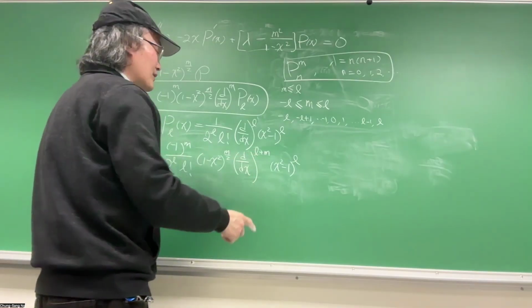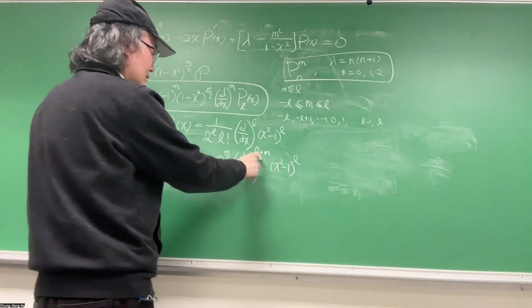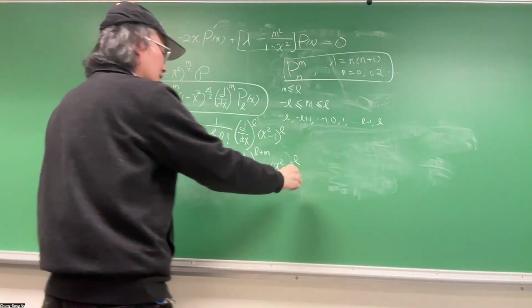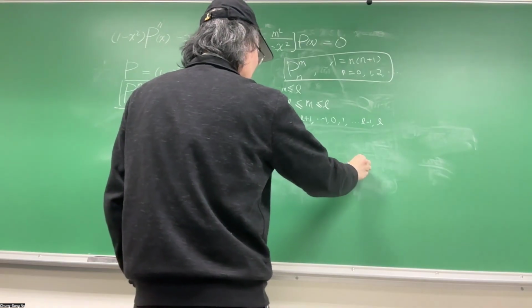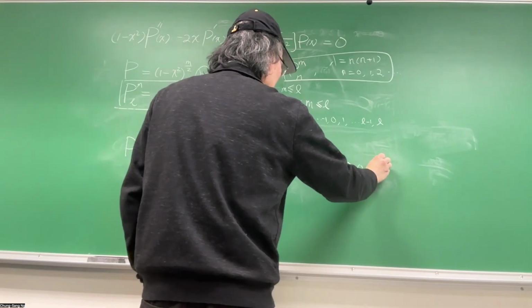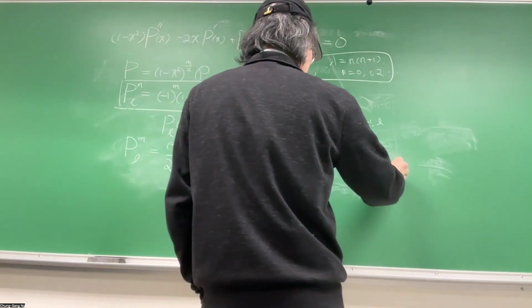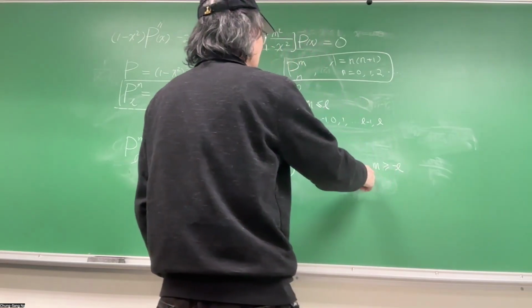If you take a negative number of derivatives, it is obviously not defined. But if you take the derivative L plus m times, we require that L plus m is greater than or equal to 0, so m is greater than or equal to minus L. That's the second condition.